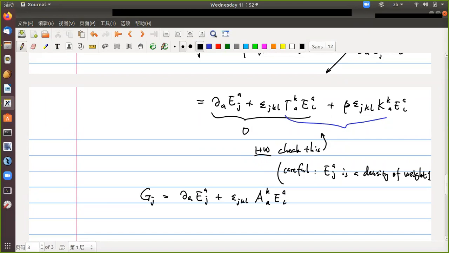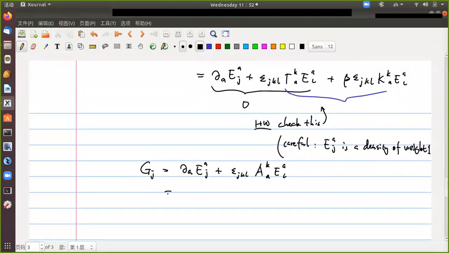Okay, and you can write this as a new covariant derivative D_A acting on E^a_j. And this new covariant derivative is with respect to this A. Yeah, so, well, it is just formal. You can just formally consider it a new covariant derivative, and because it is formal at this moment, because I haven't told you the gauge transformation for A, it is coming in a moment.